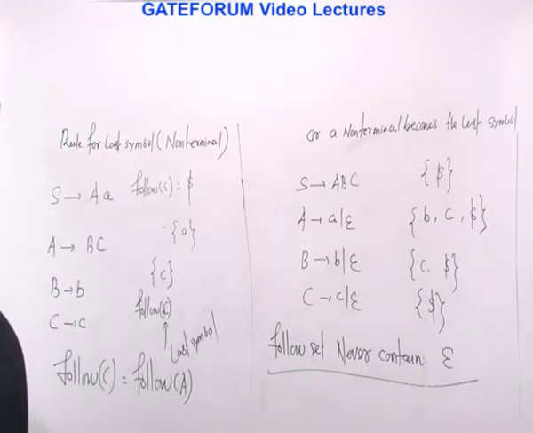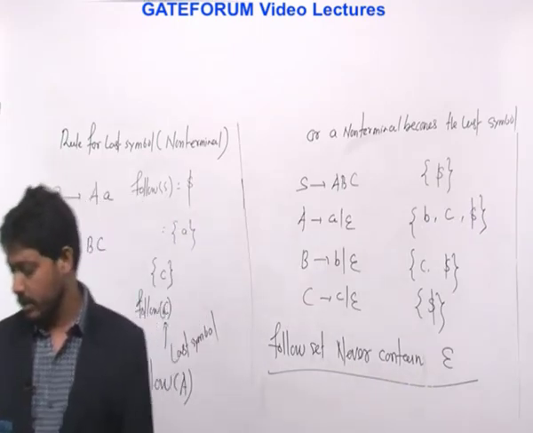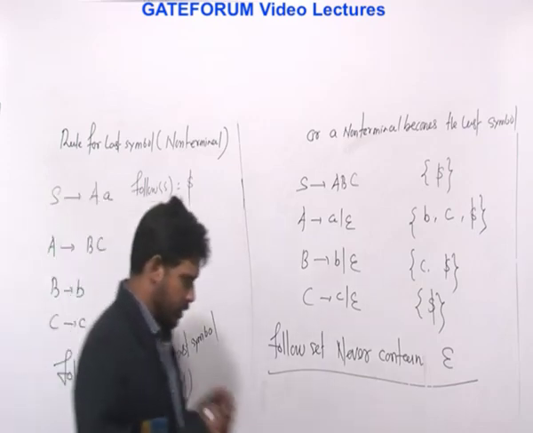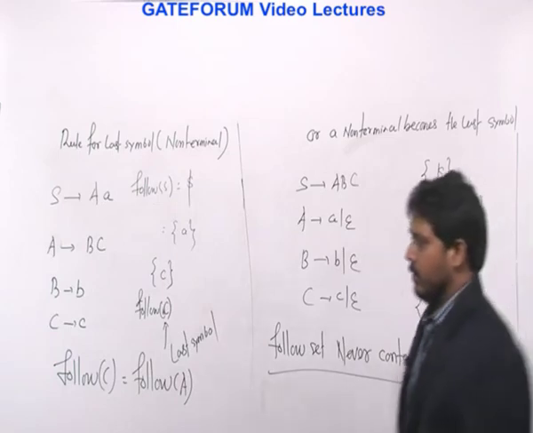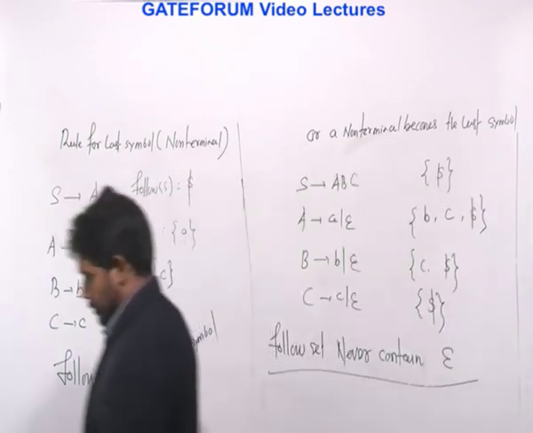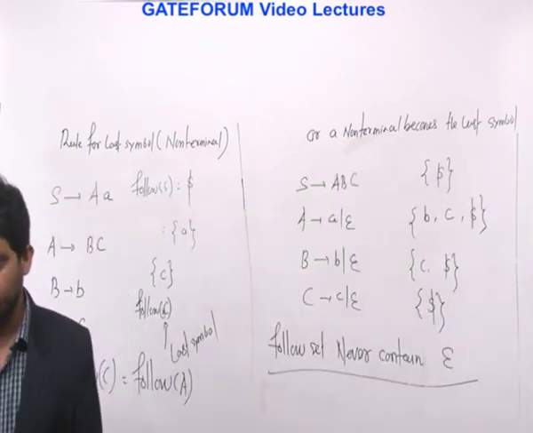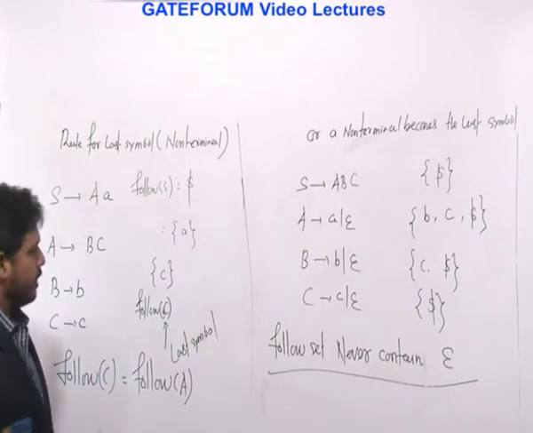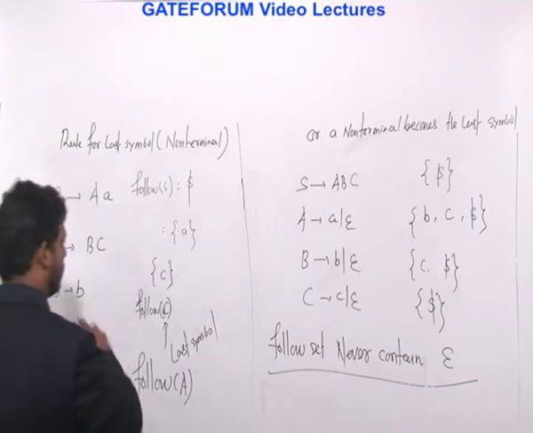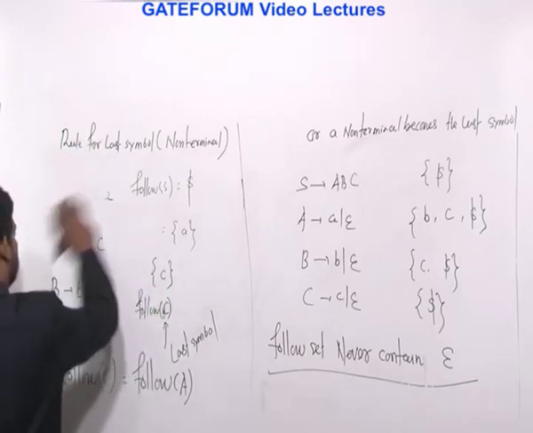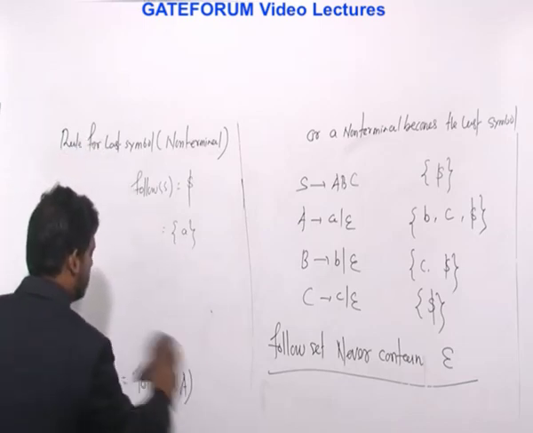So we have two special symbols: the first set will not contain dollar, and the follow set will not contain epsilon. That is the idea of first and follow calculation, and these are the rules. Let's start doing some practice, some examples, and let's follow which rule is applicable in which case.